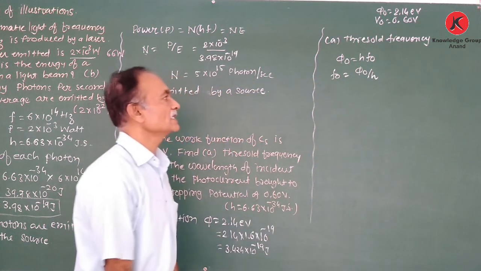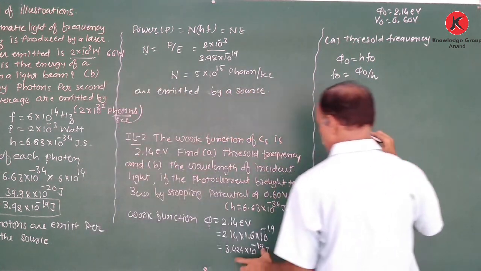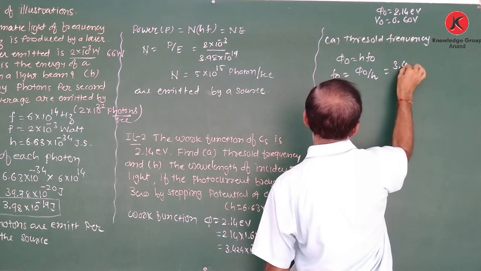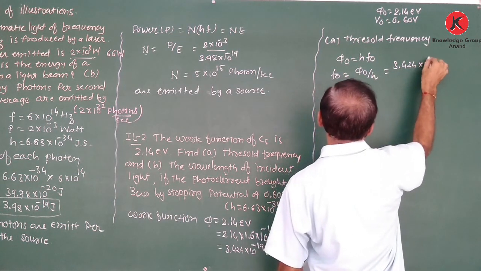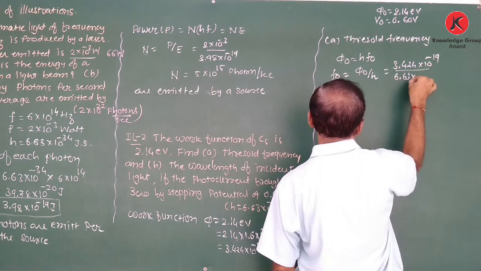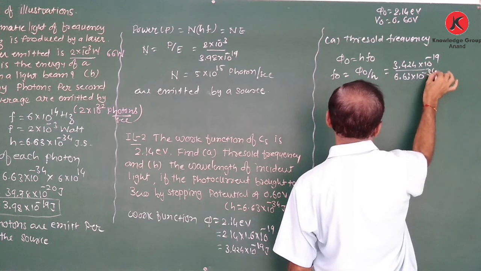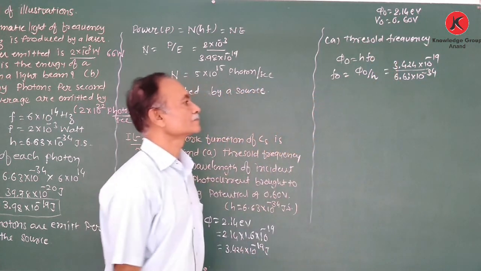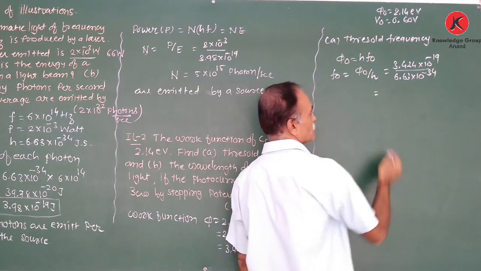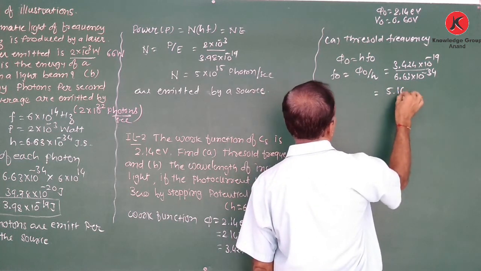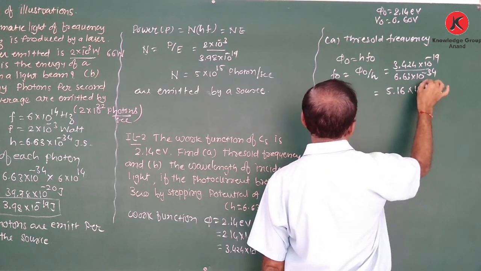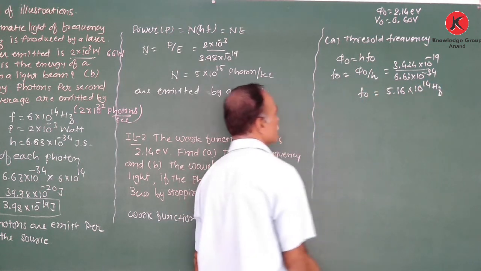Already we obtained phi 0 in joule, so 3.424 into 10 to the power minus 19, and Planck's constant is 6.63 into 10 to the power minus 34. So we obtain the threshold frequency as 5.16 into 10 to the power 14 hertz. That is the value of the threshold frequency.